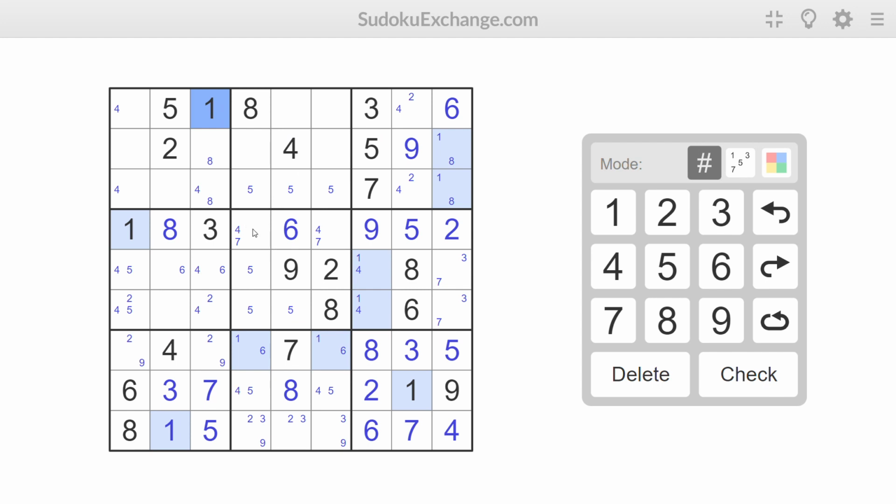A 1 is already there in this row, so we can put 3 ones here, and also 3 is there in this row, so we can put number 3 candidates in these 3 cells.